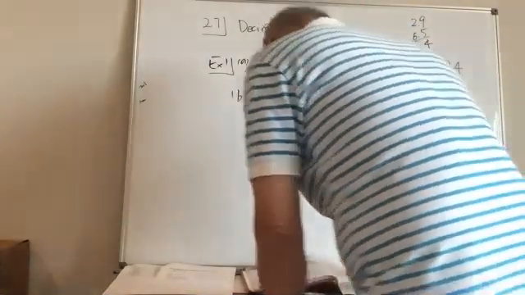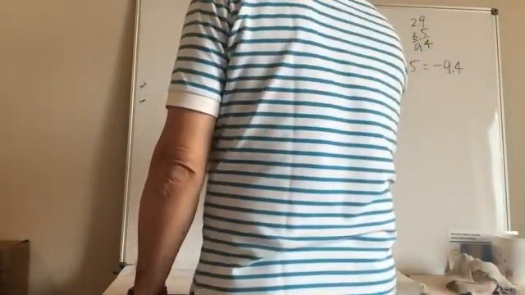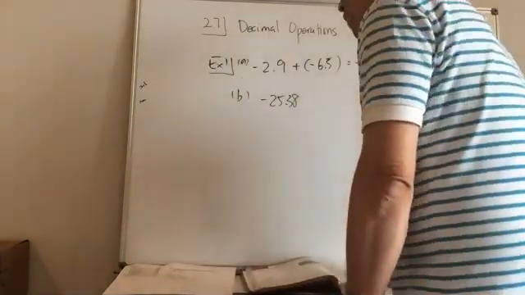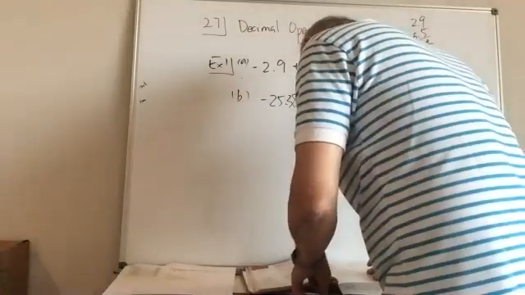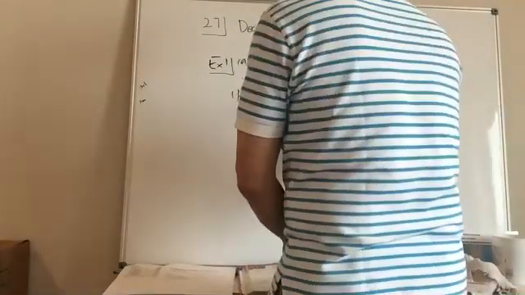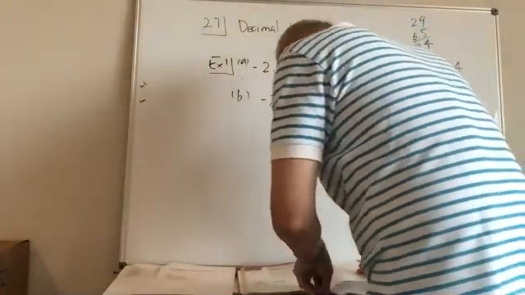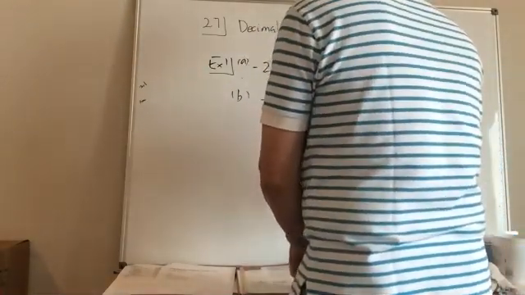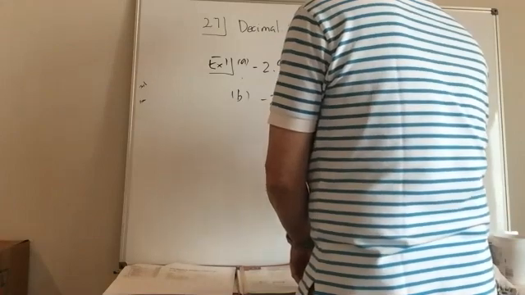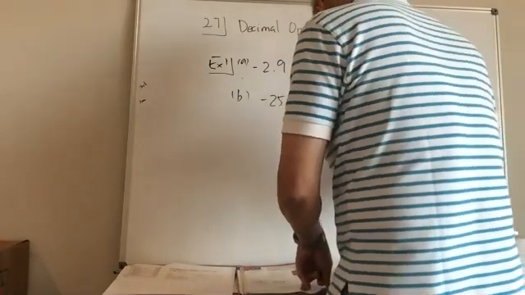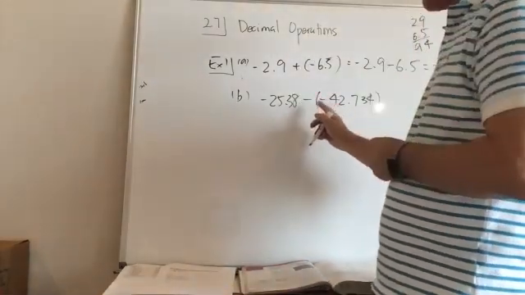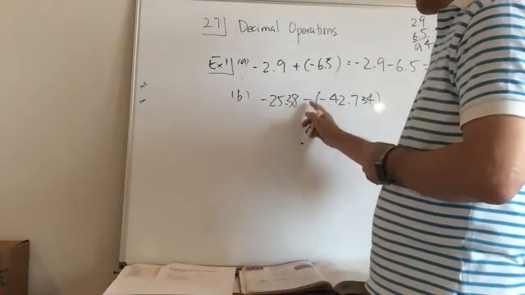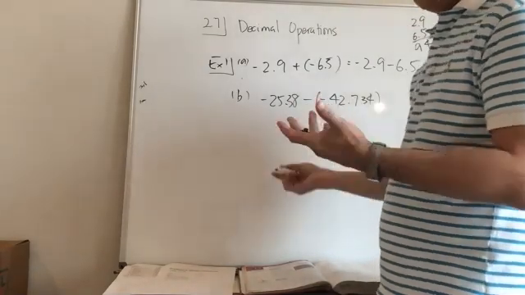Let's look at B. Find the difference, negative 25.38, and then we're going to subtract negative 42.734. So we're subtracting a negative, so it's a negative and a negative, so it becomes a positive.